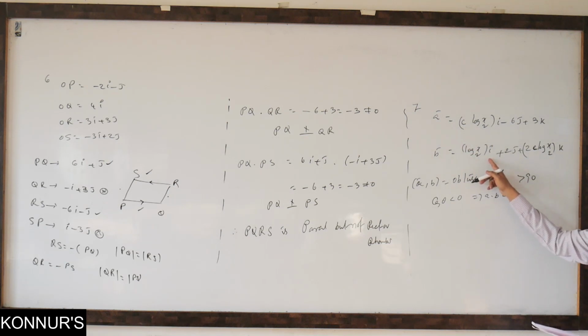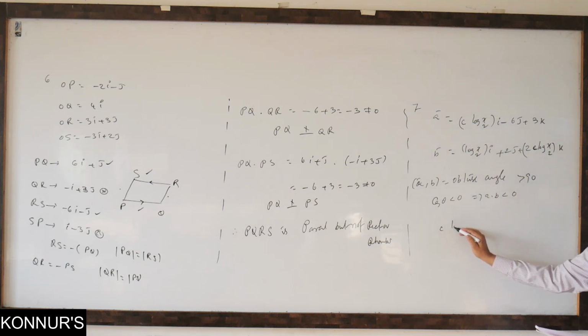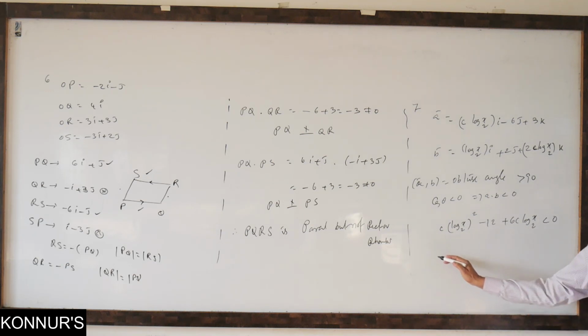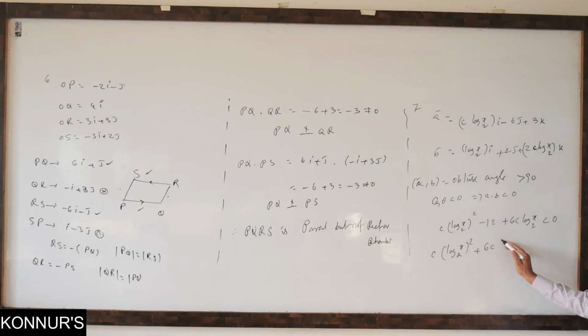I components: c into log x base 2 whole square, minus 12, plus 6c log x. Write down in the order. We are getting one quadratic inequality, this is called less than 0.